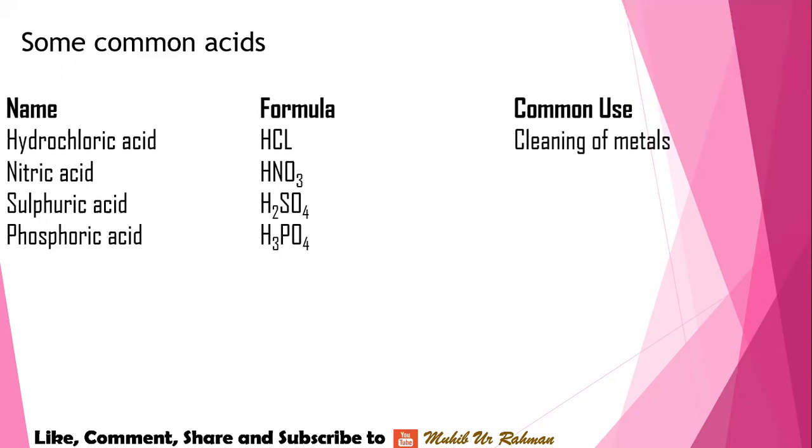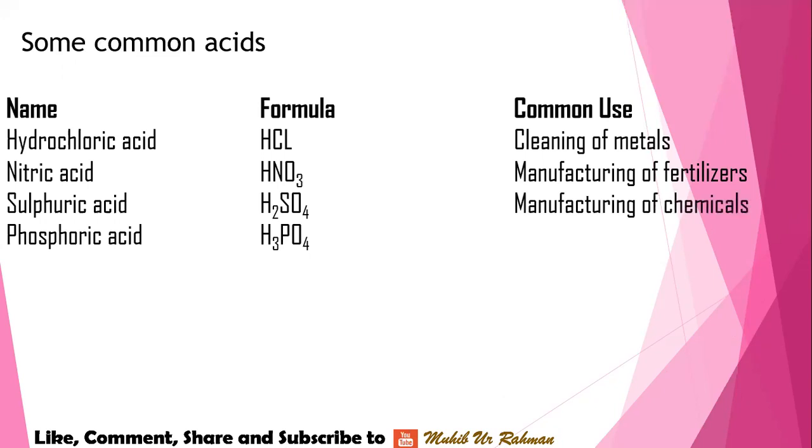A common use of HCl is cleaning of metals, nitric acid is used in manufacturing of fertilizers, sulfuric acid in manufacturing of chemicals, and phosphoric acid in manufacturing of fertilizers. All these acids are used by chemists for the following reasons: cleaning of metals, manufacture of fertilizers, and manufacture of chemicals.